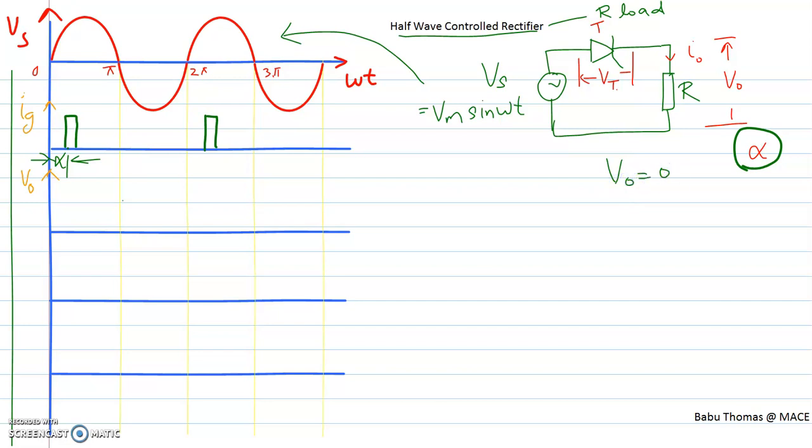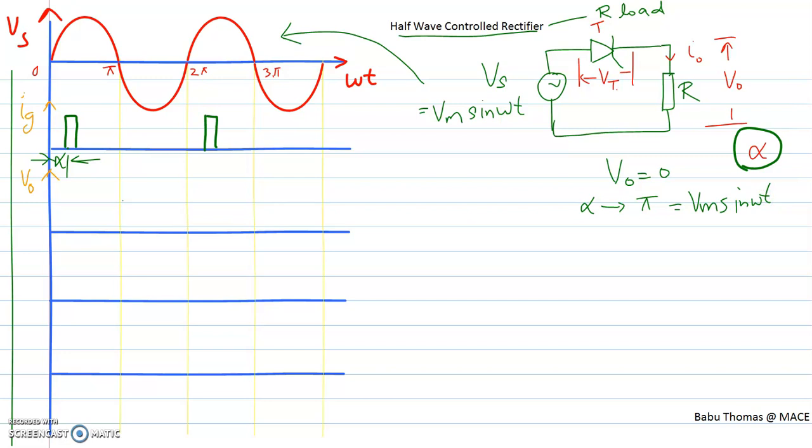At alpha, when the thyristor gets turned on, the entire input voltage Vs appears across the resistor R, because the thyristor acts as a short circuit once it has gone to the conduction state. Therefore, from alpha to pi, the output voltage is Vm sin omega t.